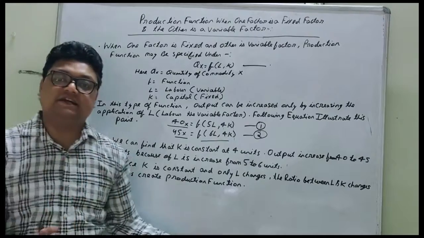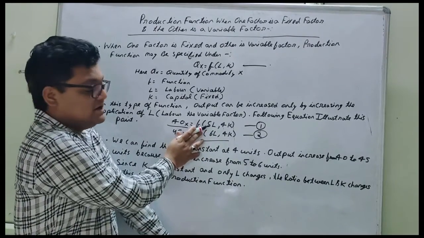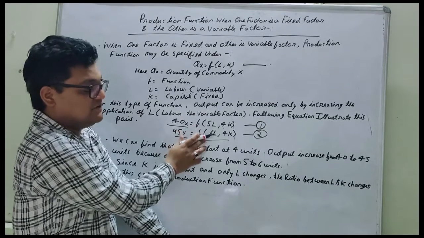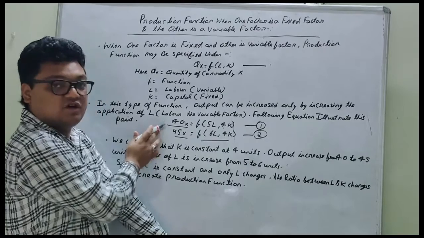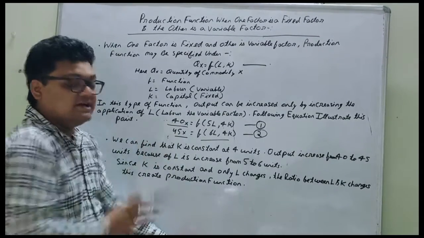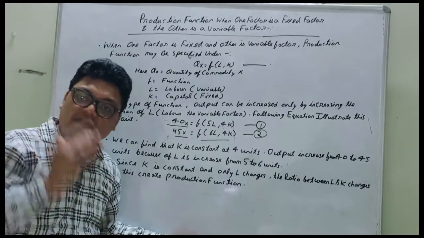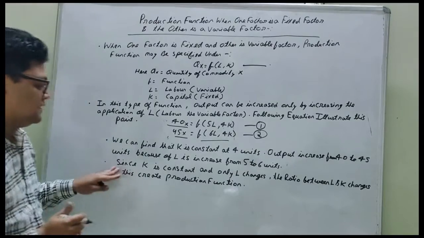Before, labor was 5, afterwards labor was 6. Due to the increase in labor, the quantity also increased from 40 to 45. So this equation tells us that if the labor increases, output will also increase.